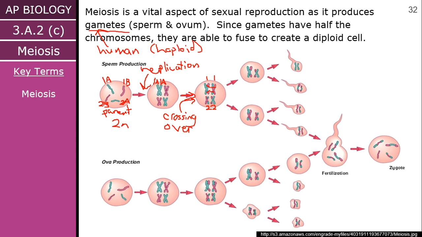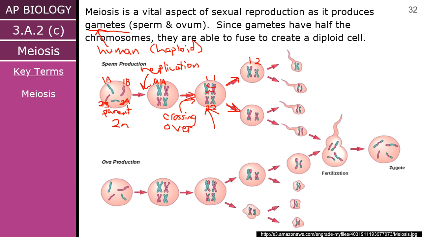But then we need to go from this cell to 2 cells. We need to figure out what's happening in these arrows. Now I only have chromosome 1 and chromosome 2. Well, before I had 2 copies. Over here I had this one for chromosome 1 and this one, but now I've only got 1 of chromosome 1.